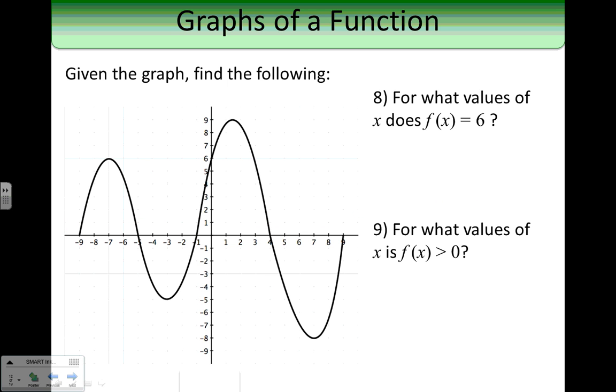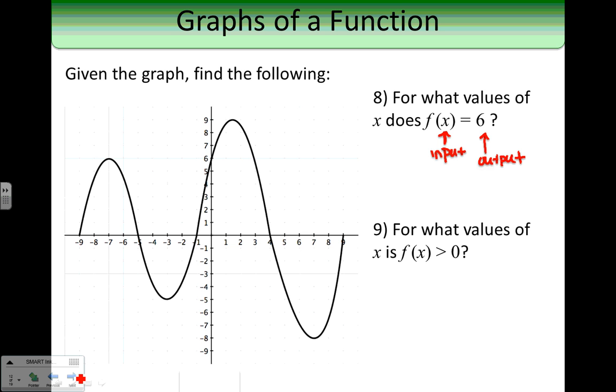For what values of x does f of x = 6? Okay. So again, this is the same thing that we did with the equation. In this case, we're looking at the graph. So my input is x, and my output is y.